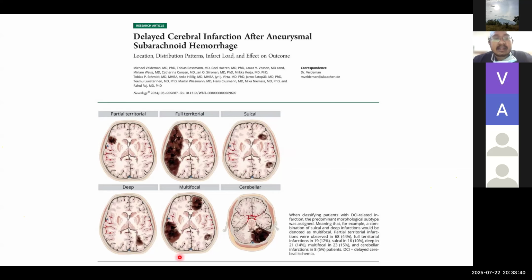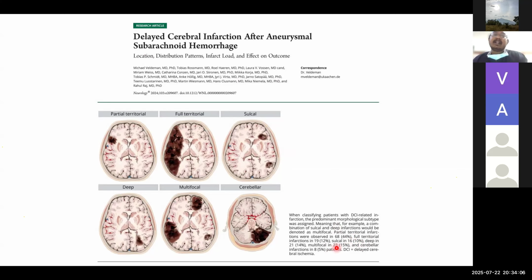There is sulcal, deep, multifocal, and cerebellar. So what they have found is at least 44% are partial territorial infarcts and 12% are full territorial infarcts. This partial and full territorial infarcts, almost amounting up to 50%, says that this kind of infarction is basically attributed to vasospasm.